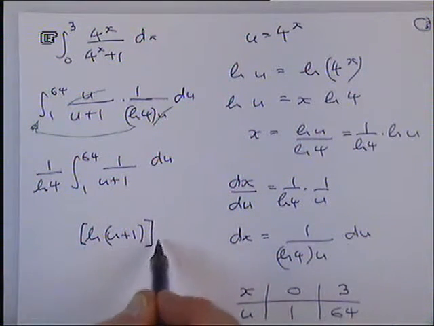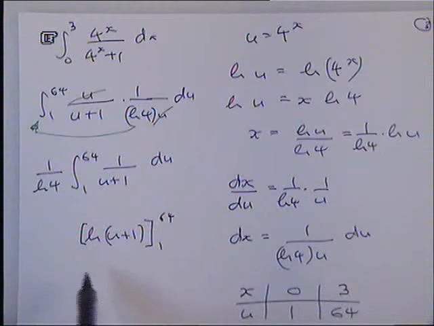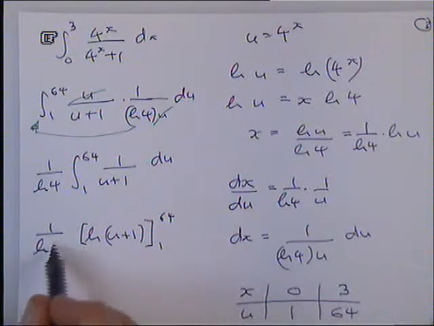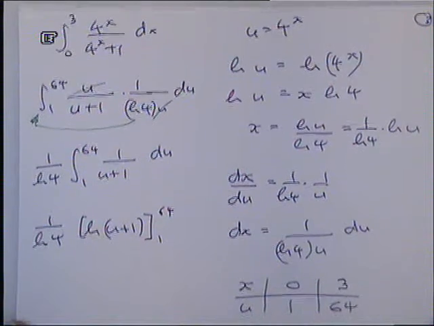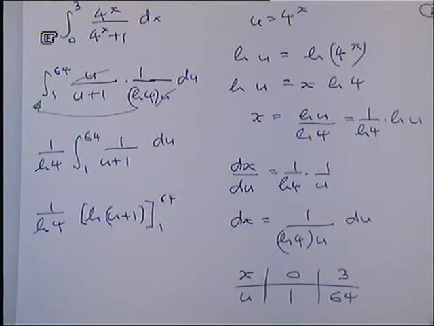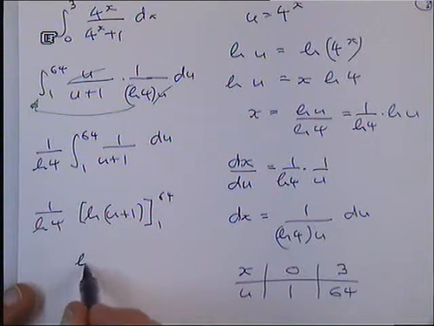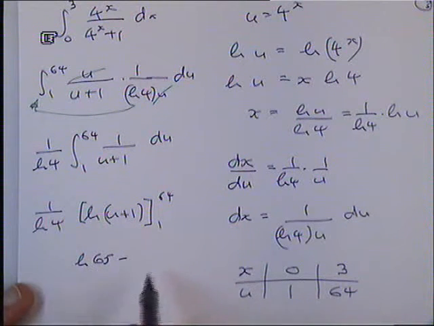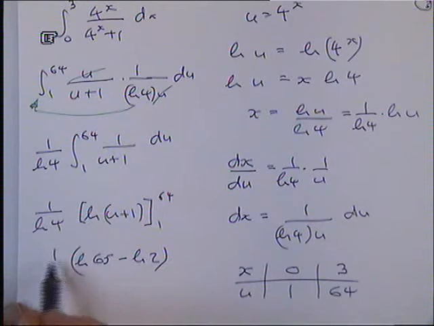I've got to evaluate that between 1 and 64, and I've got to times the whole thing by 1 over log of 4. So, in the square brackets I'm going to have log of 65, that's 64 plus 1. Take away log of 1 plus 1, which is 2, and that is all being divided by log of 4.